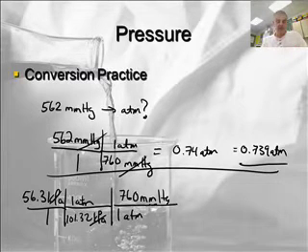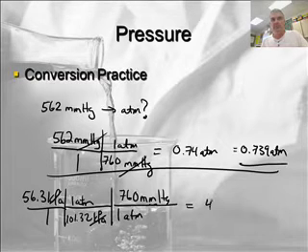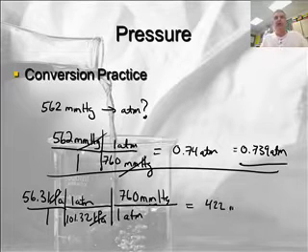We often like to convert to millimeters of mercury, so here let me do that. 56.3 divided by 101.32, no, not divided by, times 760, and I get the round figure of 422. That would be millimeters of mercury.